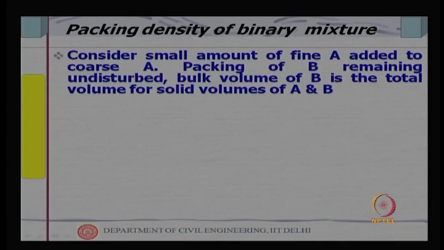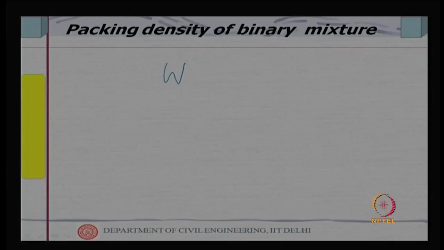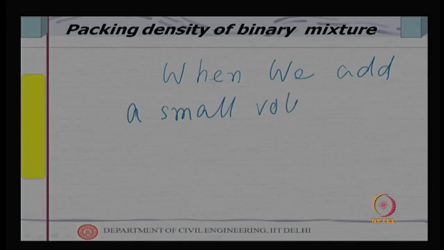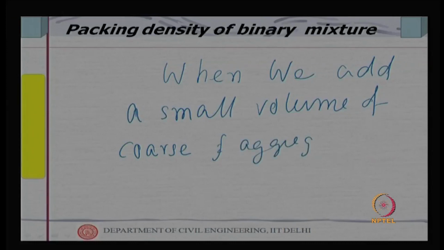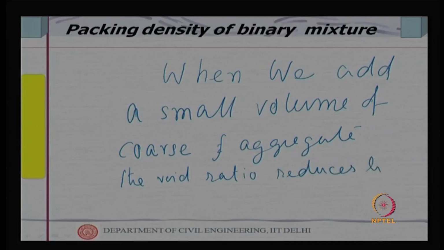So, from the previous one what we have seen is, when we add a small volume of coarse fraction, coarse aggregate, the void ratio reduces linearly with x, which is nothing but volume of B over total volume.